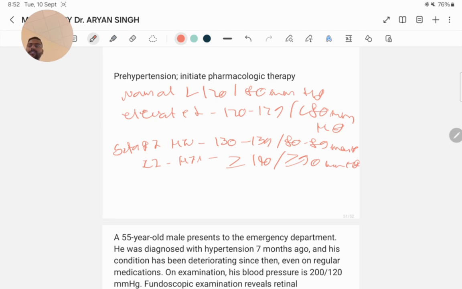Here, given the patient's blood pressure reading of 136 by 88 mmHg, he falls in the stage 1 hypertension category according to the AHA guidelines.